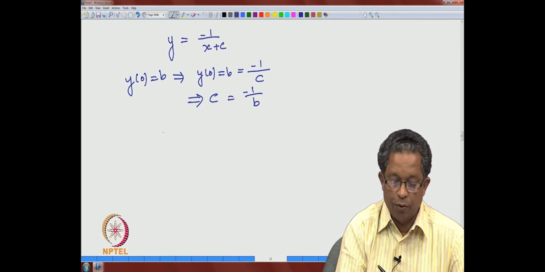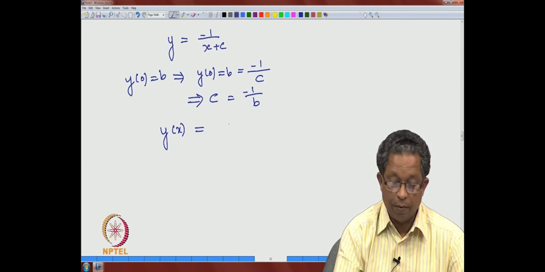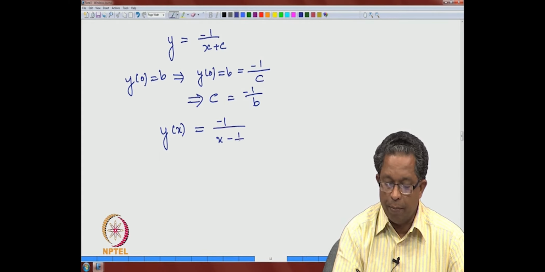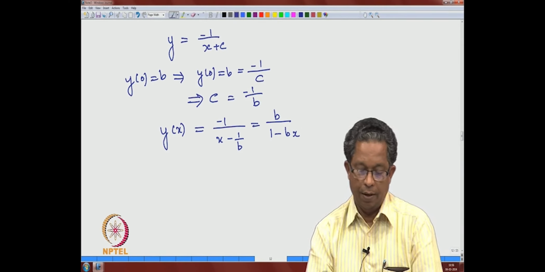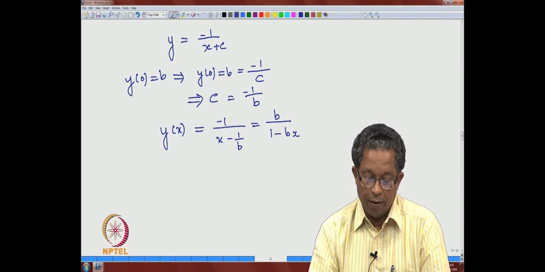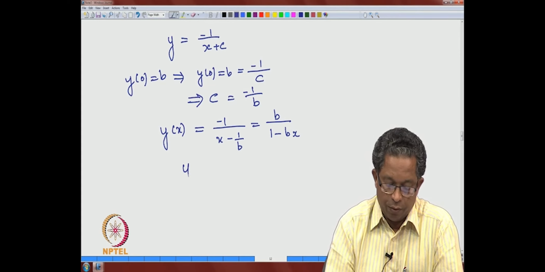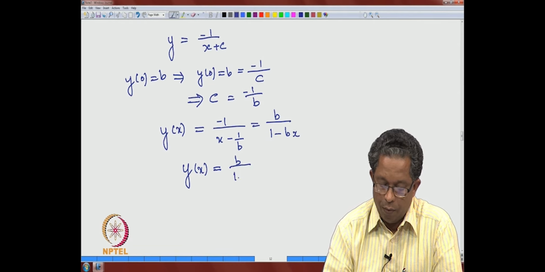So, plugging this value into the solution, y of x is equal to minus 1 by x minus 1 by b, which is equal to b by 1 minus bx. So, this is the solution to the initial value problem. So, the solution is y of x is equal to b by 1 minus bx.